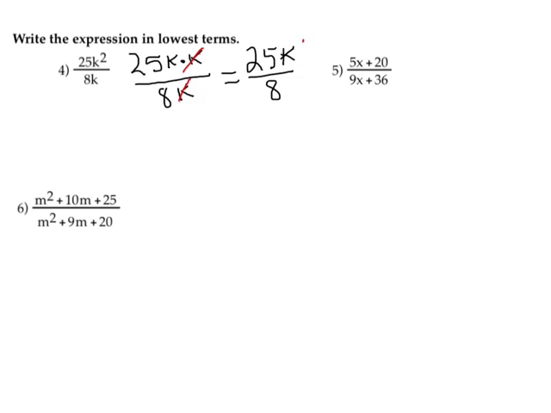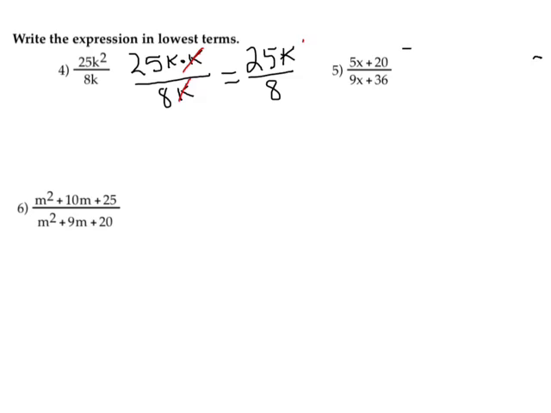Now let's take a look at the next example. I have 5x plus 20 over 9x plus 36. I'm going to look first at the numerator and see if I can factor out a greatest common factor, a GCF. Looking at 5x plus 20, 5 goes into 5 and 5 goes into 20.